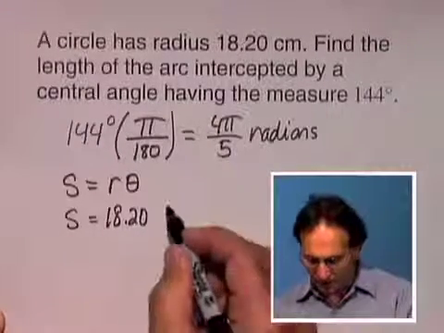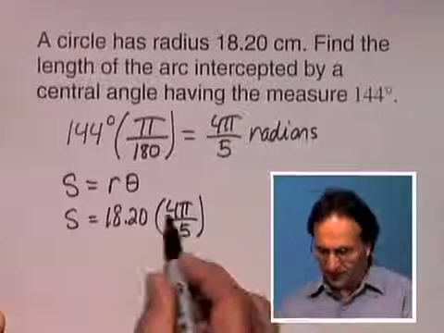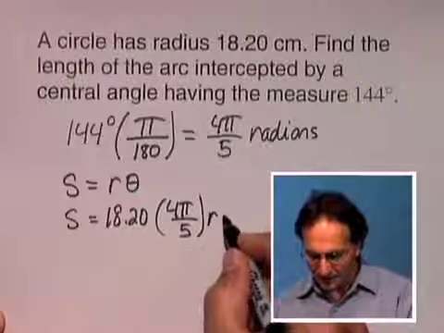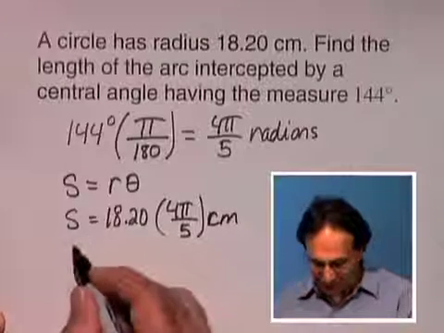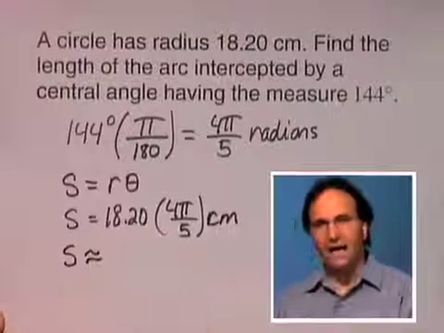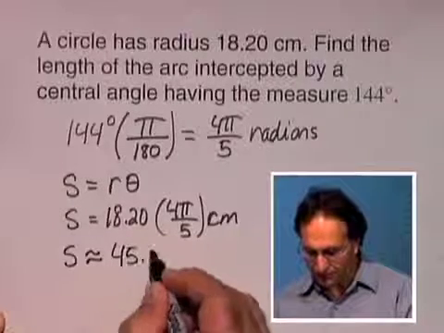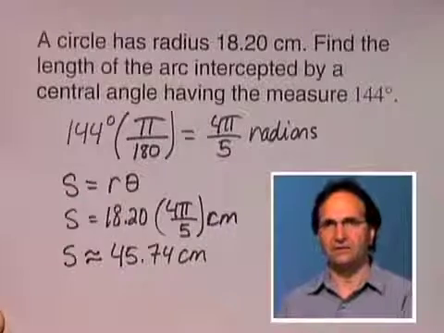We substitute 4 pi over 5, and that's going to be centimeters when we multiply them together. Substituting all of that into the calculator, we find that it's approximately equal to 45.74 centimeters.